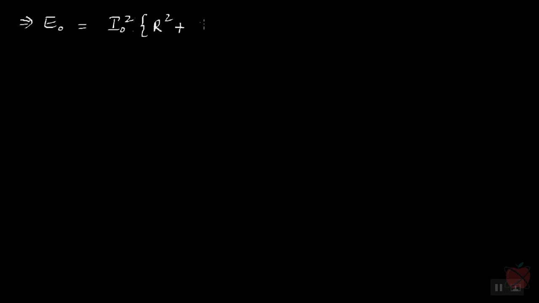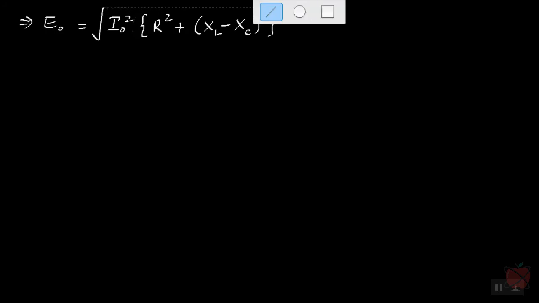R square plus XL minus XC whole thing square. This will go inside of a root. All right, so I can take common I naught, but since it is a square, I can take it outside of the square root.